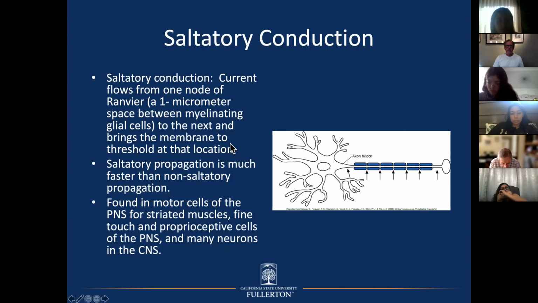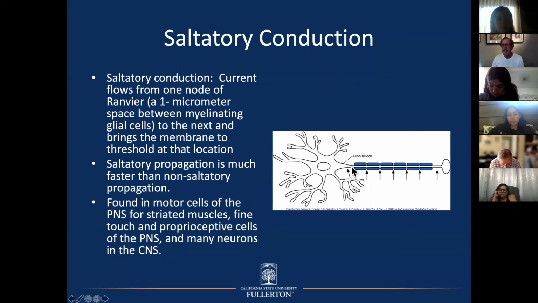And what happens in saltatory conduction is you get the action potential being generated right here at the axon hillock. And instead of propagating itself all the way down at its physiological speed, with all those permeability changes and everything, it only does them at the nodes of Ranvier.